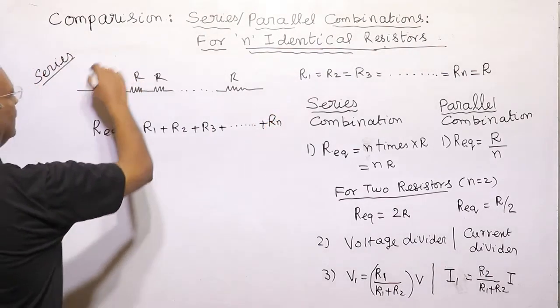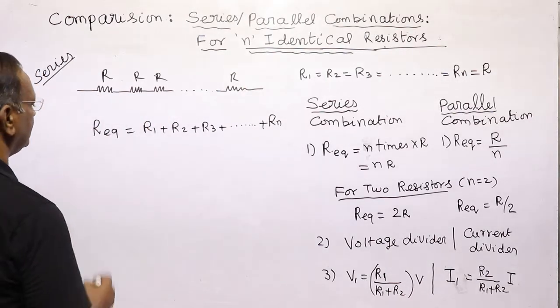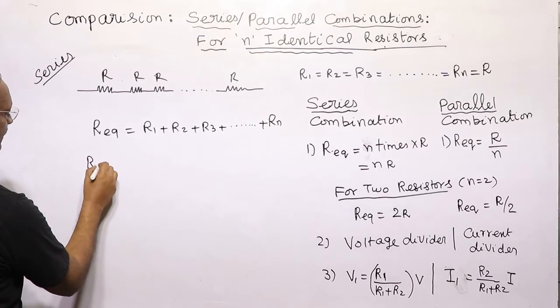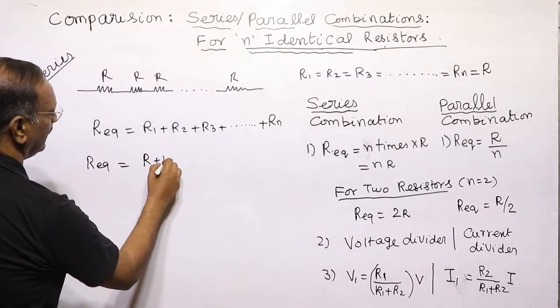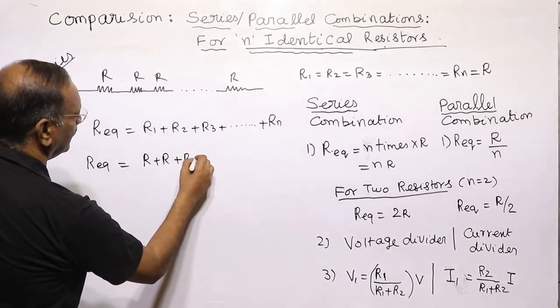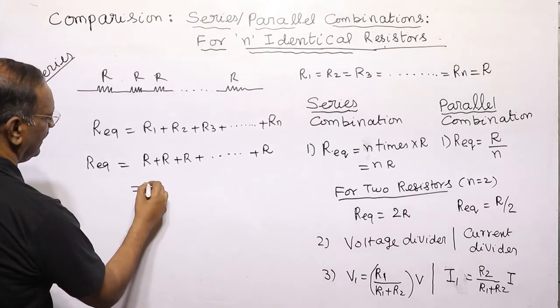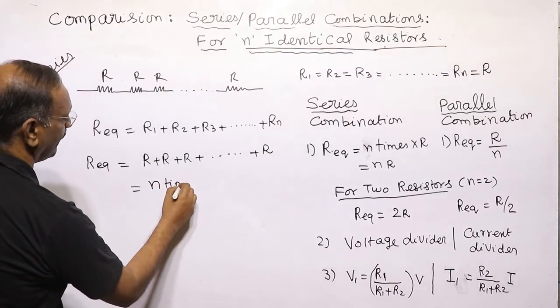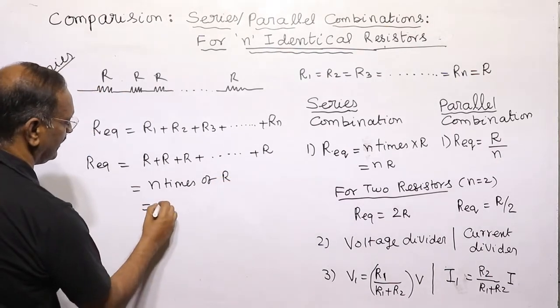This is the equivalent of all these resistors connected in series. Therefore, R equivalent is equal to R plus R plus R plus R, which is equal to n times R, which is equal to nR.